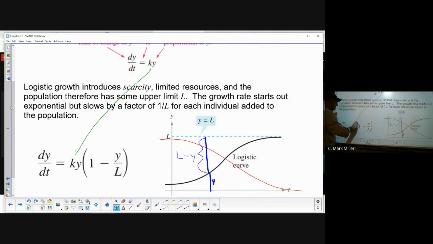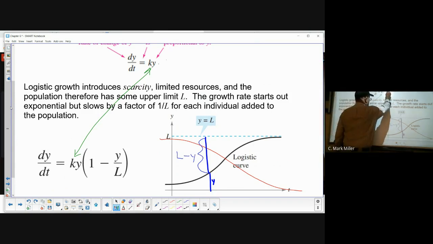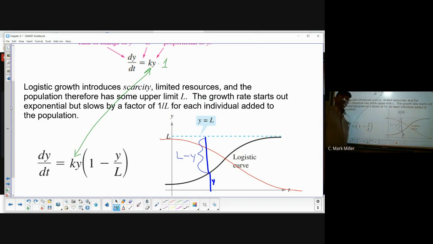Right? That part's the same. Except this is KY times 1. This is KY times 1 reduced by this. And this Y can't get bigger than L, right? Y cannot be bigger than L. So this is always going to be positive.